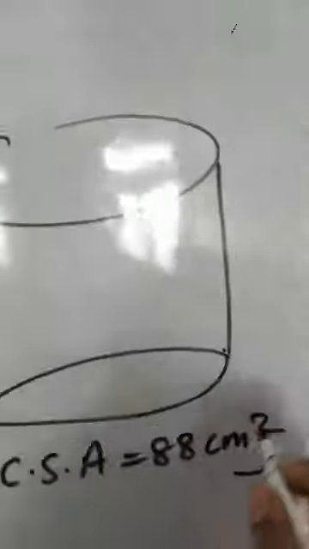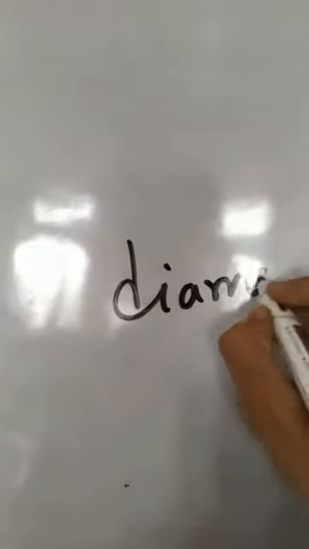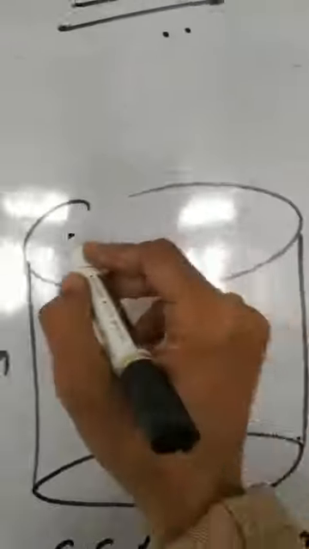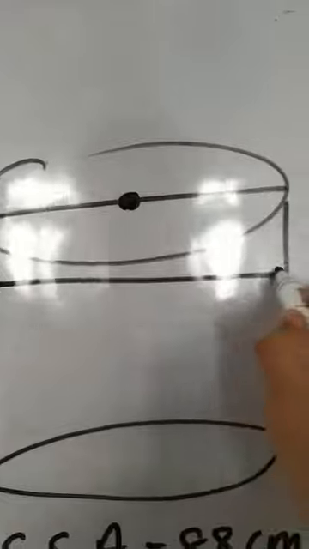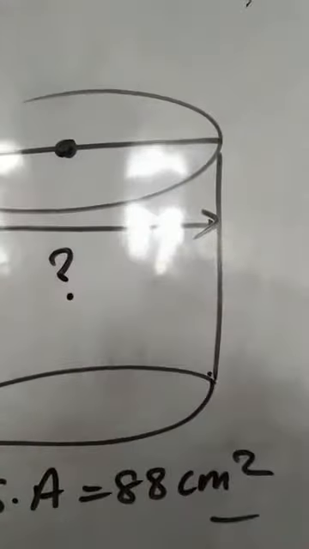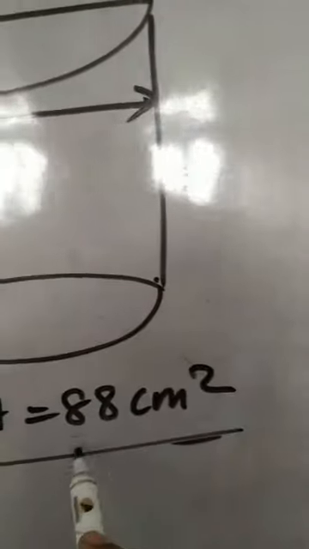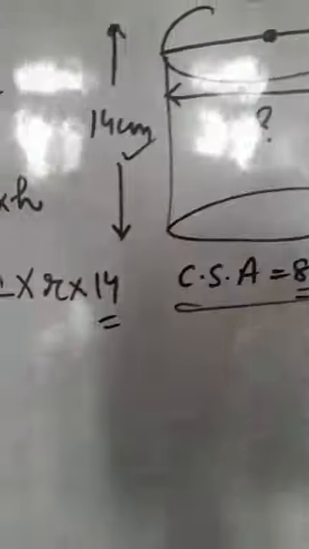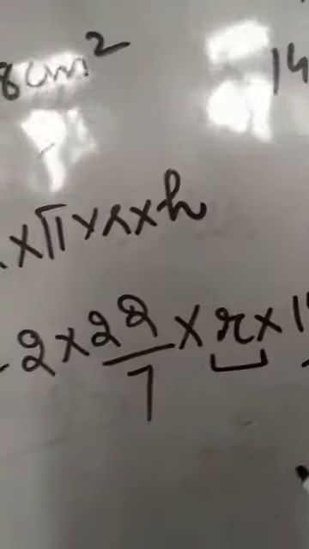So in this question we have to find the diameter of this cylinder. The height of this cylinder is 14, curved surface area is 88 centimeter square. From these two given values we calculate the radius of cylinder.